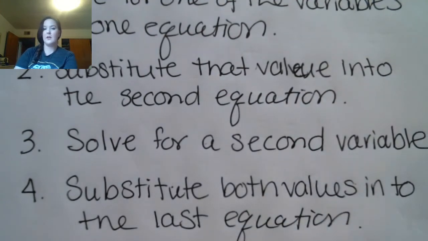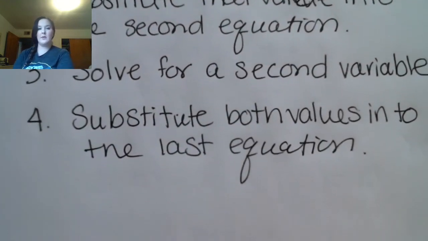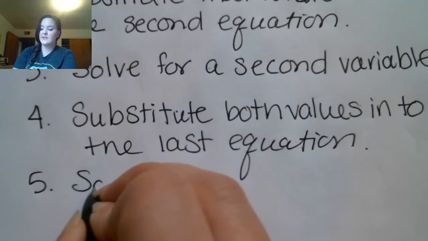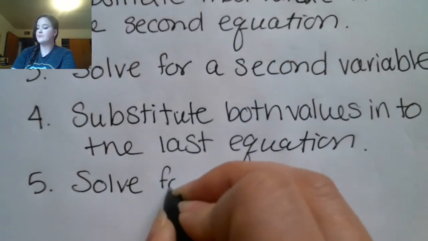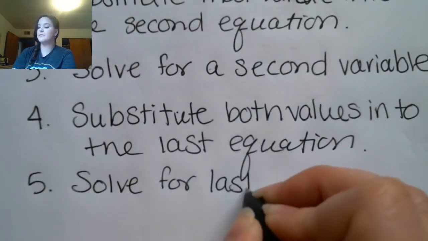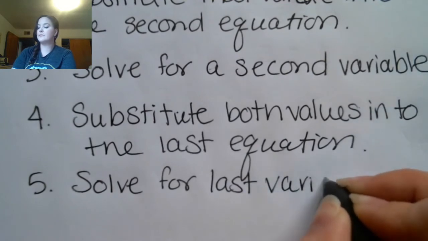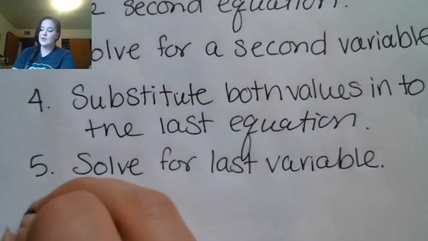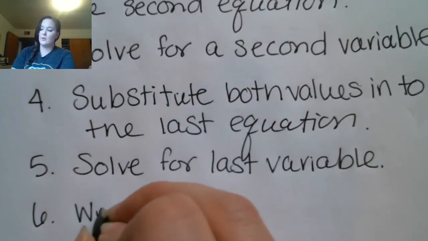And then the last thing that we're going to do in terms of solving is we're going to solve for the last variable. Now, really the last thing you're going to do is write your answer as an ordered triple.